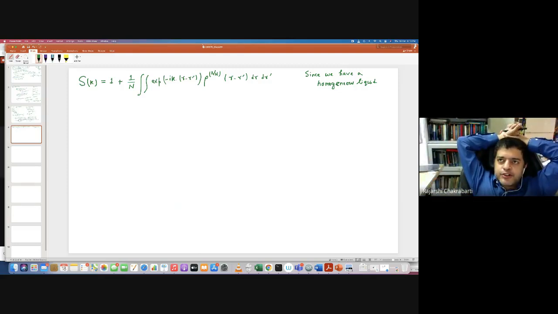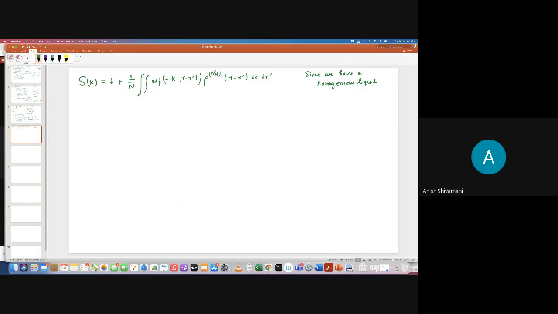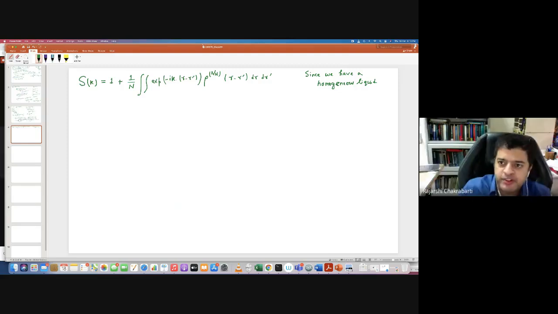Your density should not change, isn't it? This two-particle density. Homogeneous and isotropic, isn't it? And isotropic means it depends only on the magnitude of r minus r prime. Okay, so what will happen in the next step?